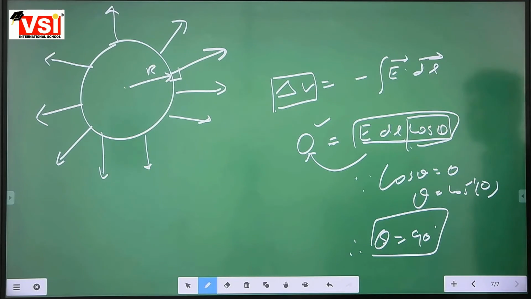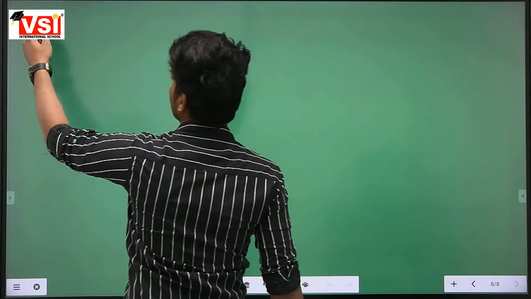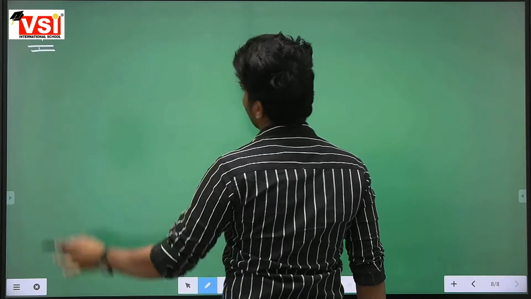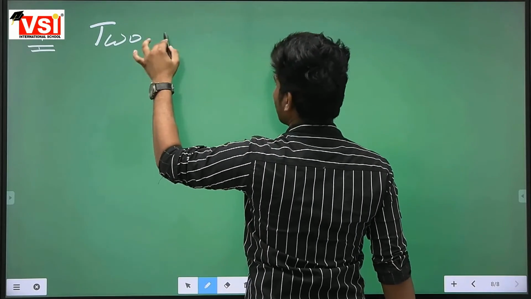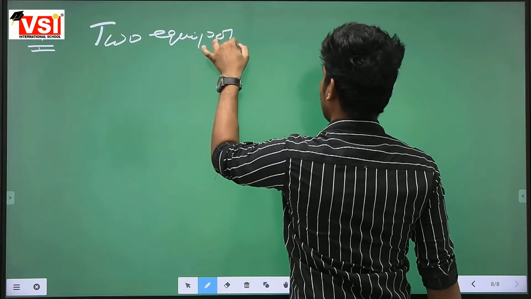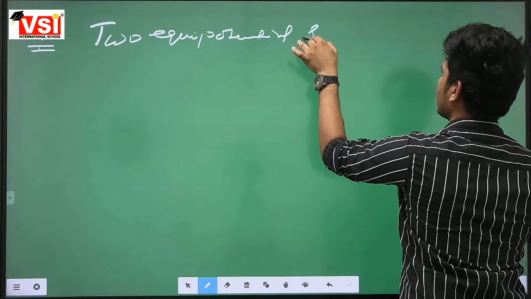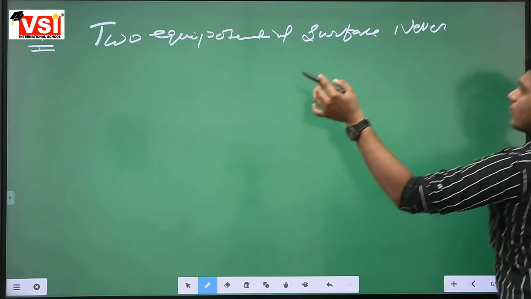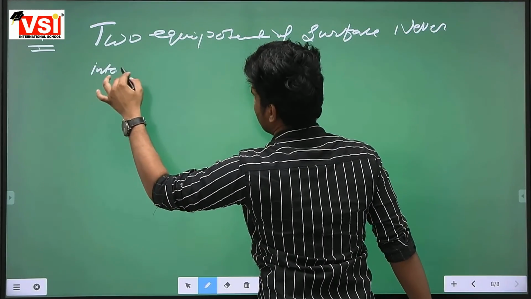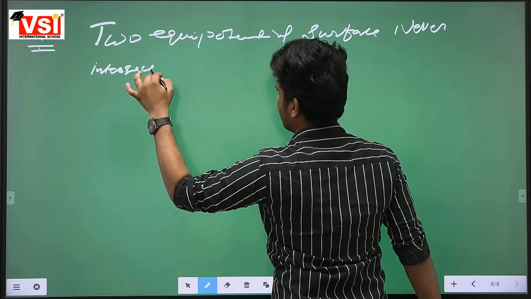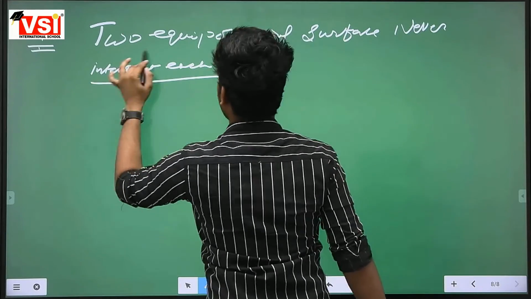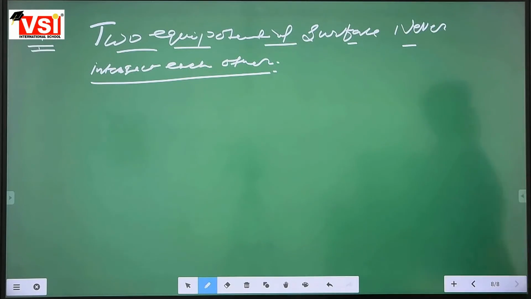So moving further, on the next topic, that is the next characteristic of the equipotential surface: two equipotential surfaces never intersect each other.